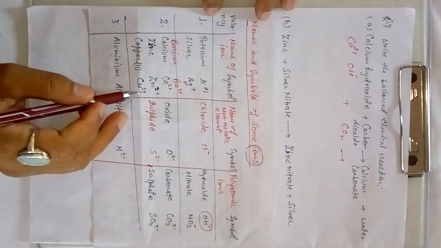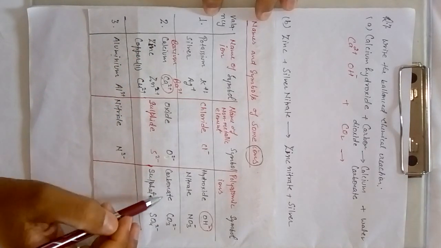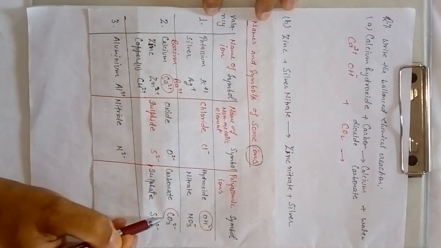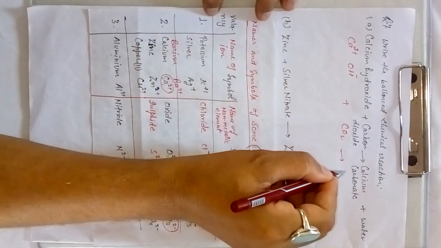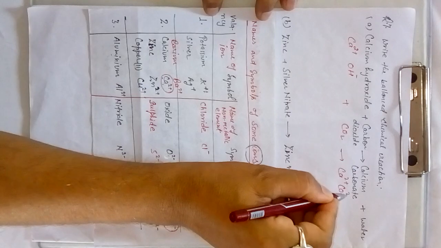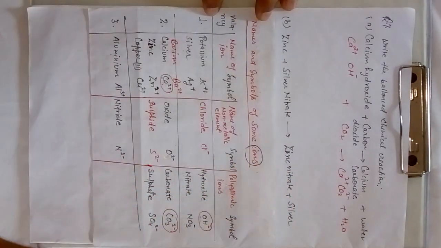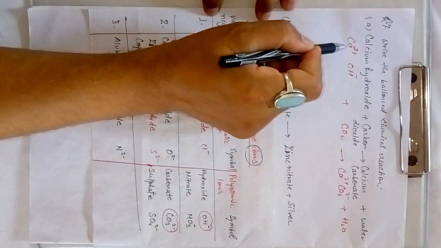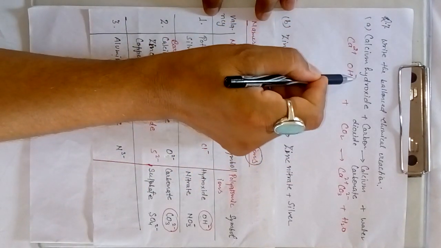Here is calcium Ca, and carbonate CO3 2-. Here Ca2+, CO3 2-, and water H2O, we know. Here is Ca2+ and OH- 1.